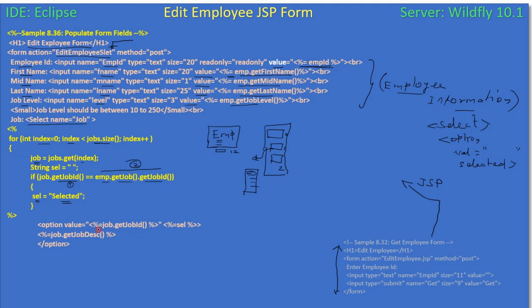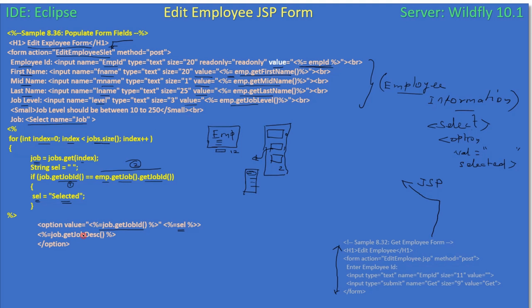Option value, we are populating it from the job we are iterating. Then if there is a match, we make use of this string cell. By default it will be empty, but when there is a matching job ID, it will get replaced with selected. And after this option, inside the body text we are giving the job description.